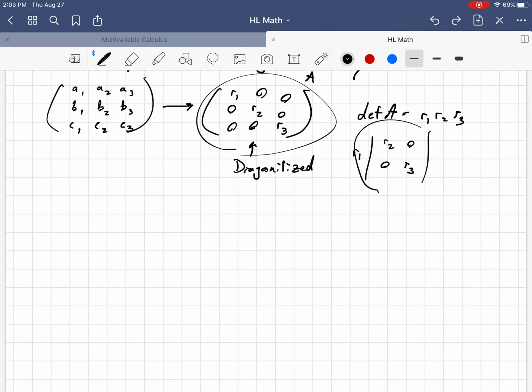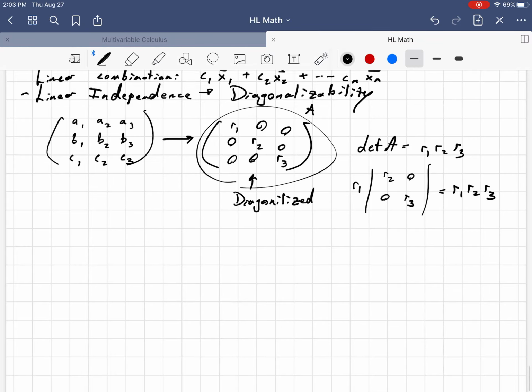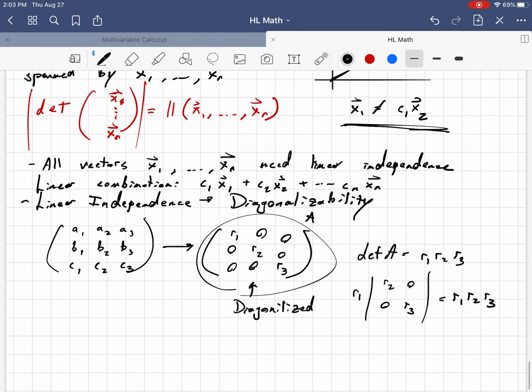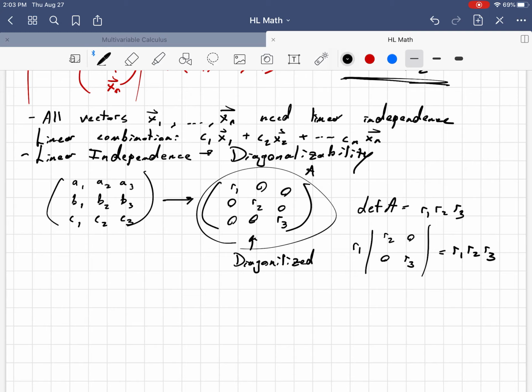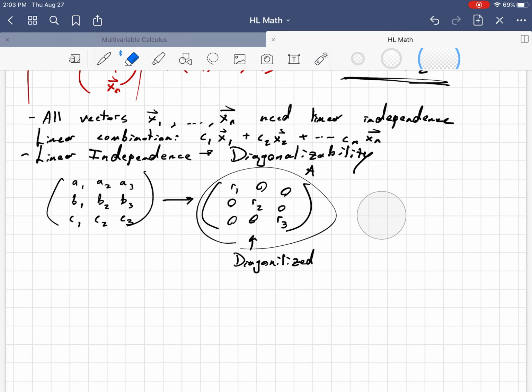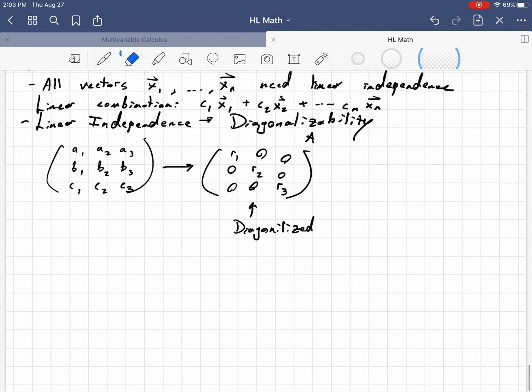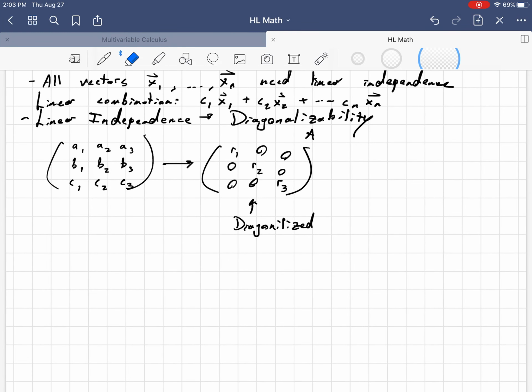And then if we take the determinant of that matrix, we get R sub 2 times R sub 3 minus 0. So we just get R sub 1, R sub 2, R sub 3. Hopefully you can see it's the exact same reasoning if you've got an n-dimensional matrix. You just multiply across the n entries along the main diagonal starting from the top left corner. And so that's why a diagonalized matrix would be useful.